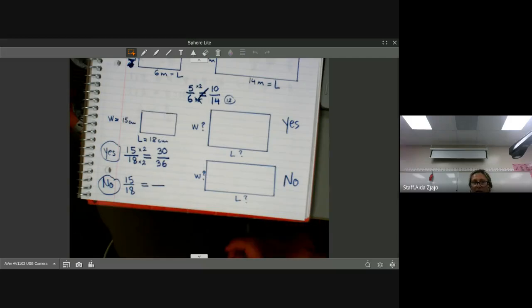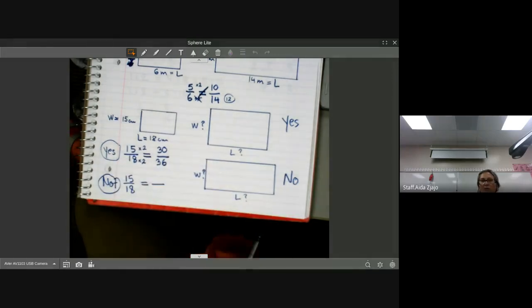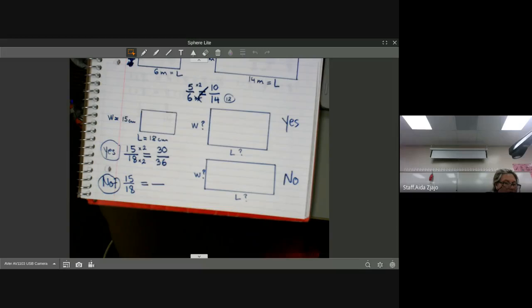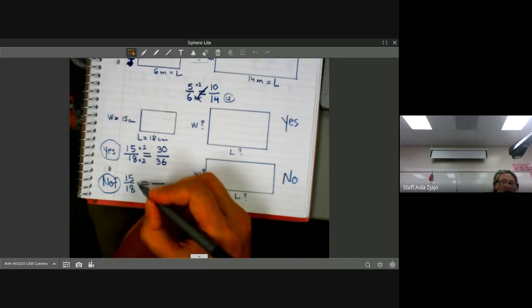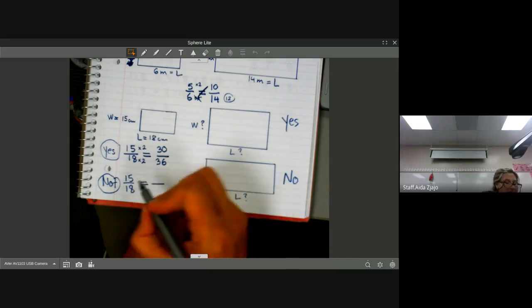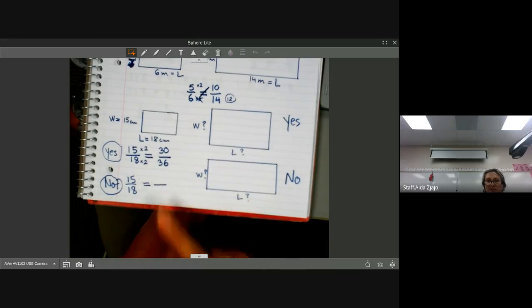Vanessa, can you give me the one that is not similar? Not similar. 4 and 8. So how do I get it? Do I multiply by 4 and 8? I meant to say 4 and 6. 4 and 6. So if I multiply this by 4 and this by 6, I will get a ratio that is not proportional with the one.